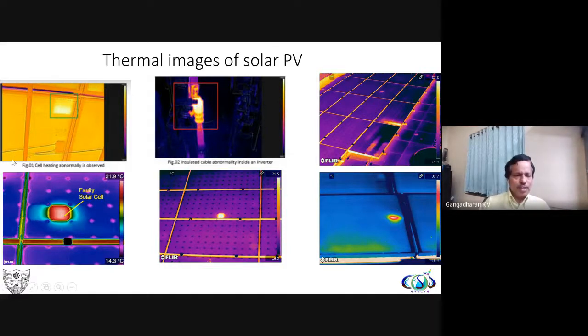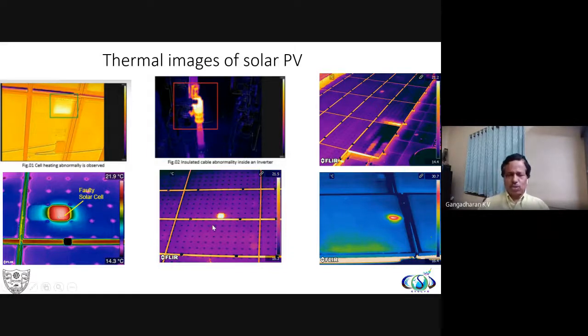So if you look at this picture where I have moved the cursor, a faulty solar cell is putting a high resistance, and whatever voltage and current is passing through it is in fact getting dissipated there itself. Or it is not really producing anything, it is acting as a resistance across.